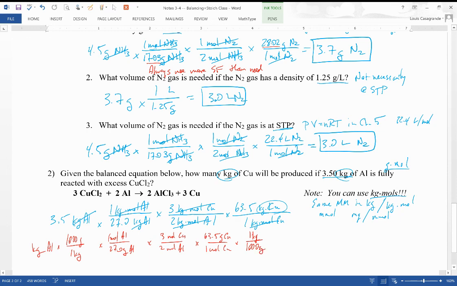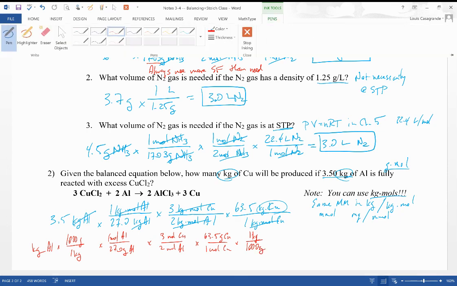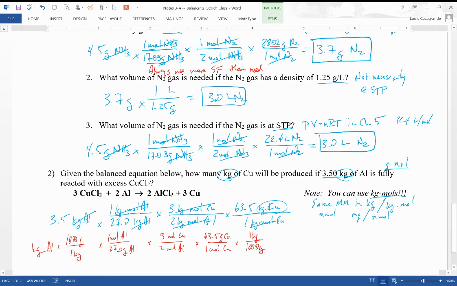And here's why the way using kilogram moles is better: I don't have offsetting calculations at the beginning and the end. Basically, I just have what you see in the middle there with slightly different units. Either way, we get the correct answer.